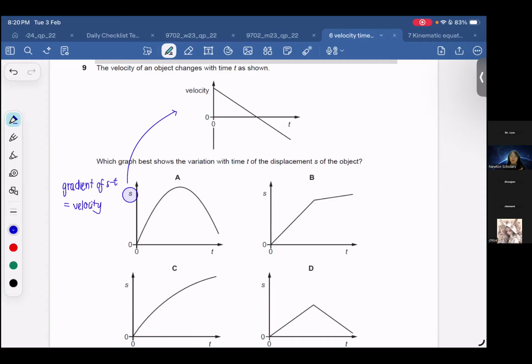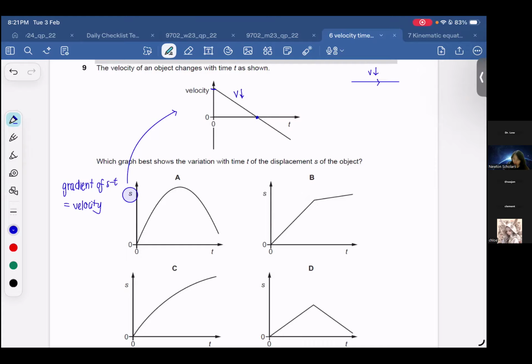So when we solve this question, I have to refer to the gradient to interpret the velocity. In the first region, velocity goes from a certain value to 0, so the velocity decreases. It's moving forwards, but the velocity is decreased.